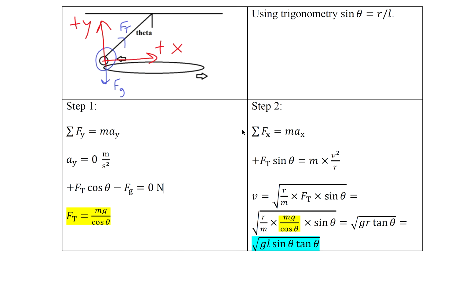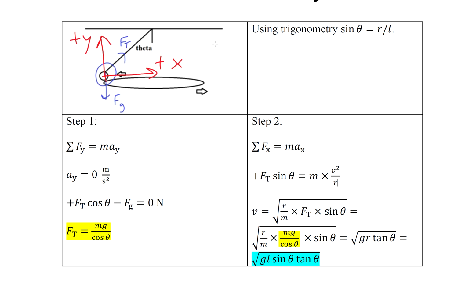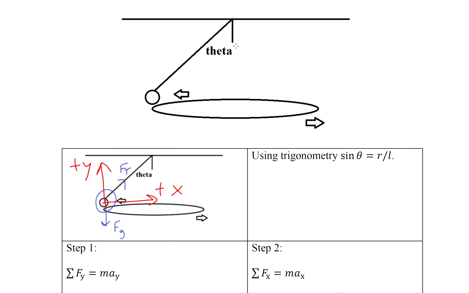So step 2, sigma F sub x equals ma sub x. In circular motion, a sub x is v squared over r. And what forces do we have in the horizontal direction? It's FT sine theta. So remember, if theta is measured from the top here, that means from the ball, theta is measured from the vertical, not from the horizontal.